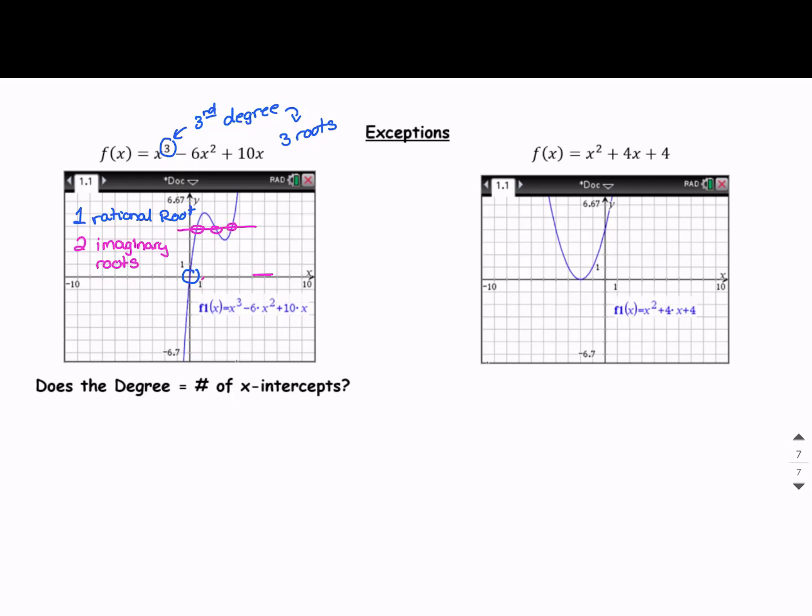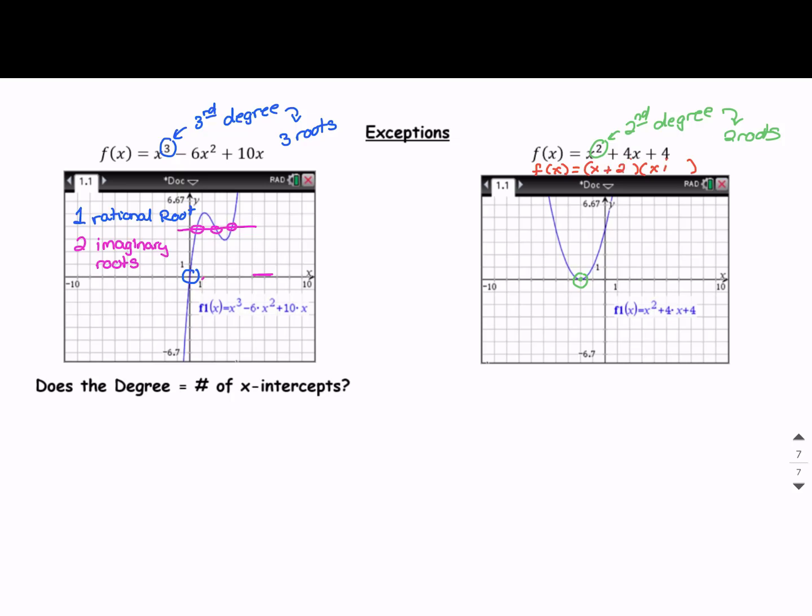Well, let's take a look over here. This is a second degree quadratic, which means we should have 2 roots, right? But it's only touching the x-axis once here at negative 2. But we could look algebraically at f of x and say, all right, if I was to factor this, I'd need an x and an x, and what multiplies to 4 and adds to 4?